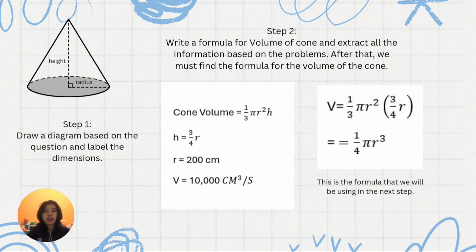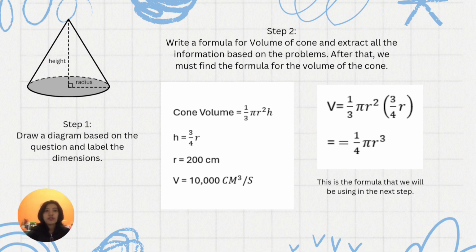The formula you can see in my slide, and you can also state all the important information there. We find the height equals 3/4 radius, the radius equals 200 centimeters, and dV/dt equals 10,000 cm³ per second.